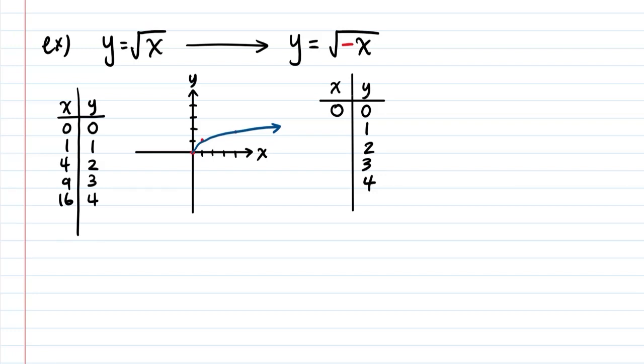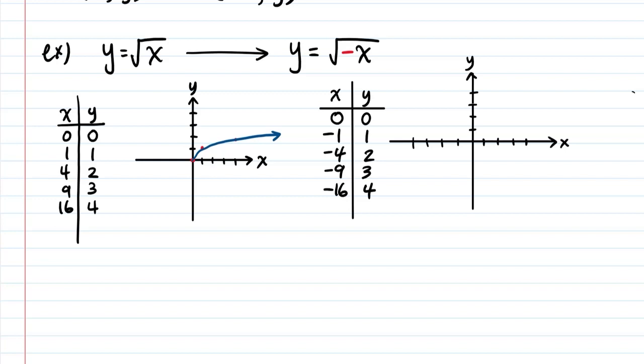To have y as 1, the inside of the square root should be positive, so x will be negative 1. Negative, negative, positive. In order to have y as 2, negative x has to be 4, so since there is a negative sign in front of the x, x has to be negative 4. The same rule applies to the other points, so it will be negative 9, negative 16, and so on.